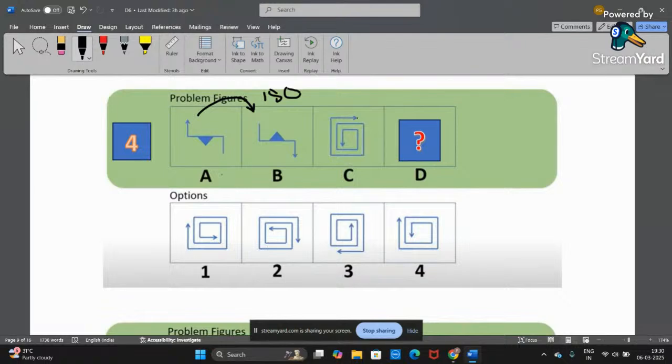When it is tilted 90, this arrow mark will be like this. When it is tilted 180, the edge arrow mark will be like this. We'll see. This is not looking like that. The edge arrow mark is on this side, so this is wrong. In this also it should be the ear, right? So this is also wrong. Here it is there, so let's keep it as such, and here it is wrong. So the answer is C here.